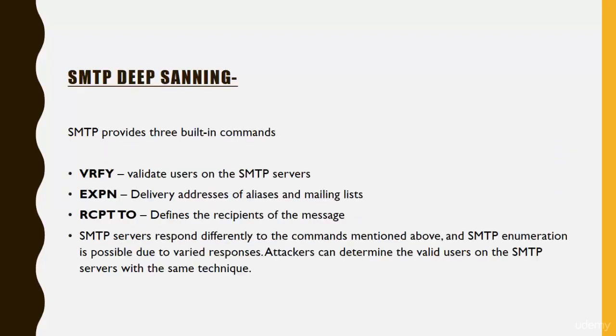SMTP deep scanning. SMTP provides three built-in commands: VRFY to validate users on the SMTP server, EXPN for the delivery address of aliases and mailing lists, and RCPT TO, which defines the recipients of the message. SMTP servers respond differently to the commands mentioned above, and SMTP deep scanning is possible due to varied responses.